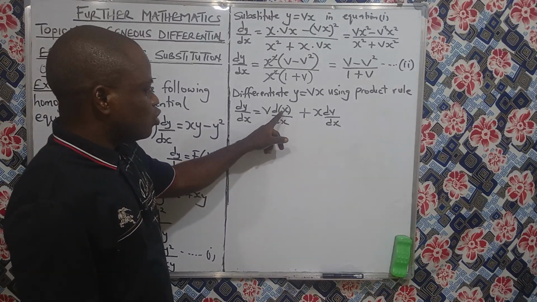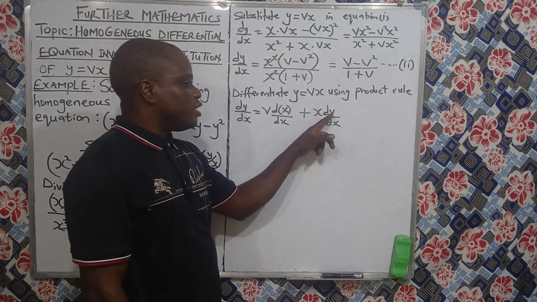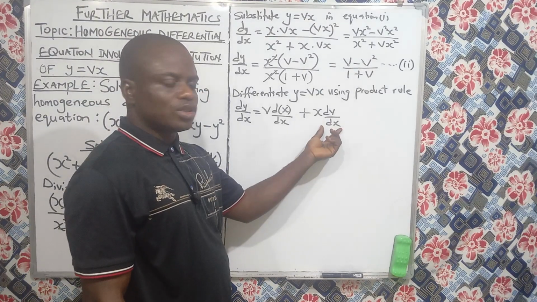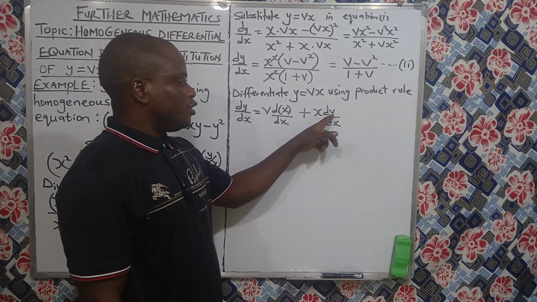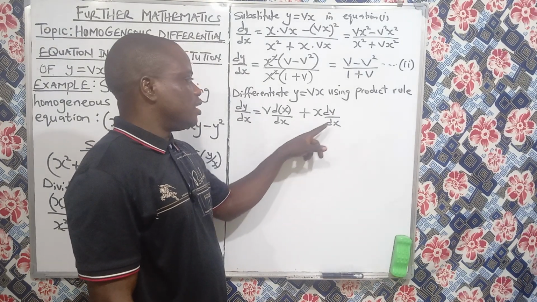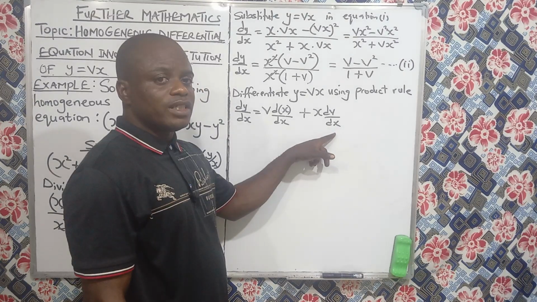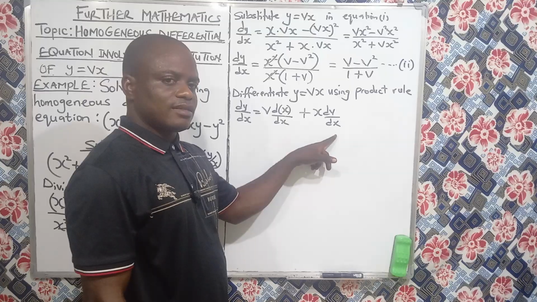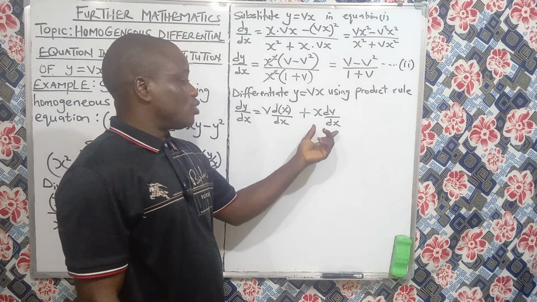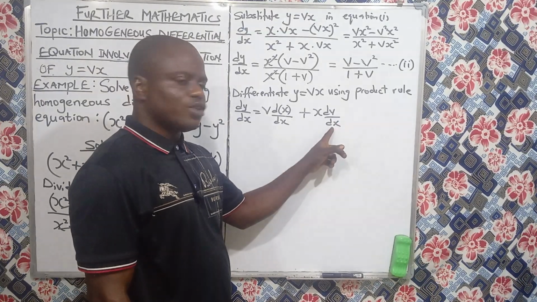That's why I will put 1 here in the next line, while dv over dx will be left the way it is because this v is a dependent variable and its derivative depends on how it varies with x. And because of that, there is no universal value for it.